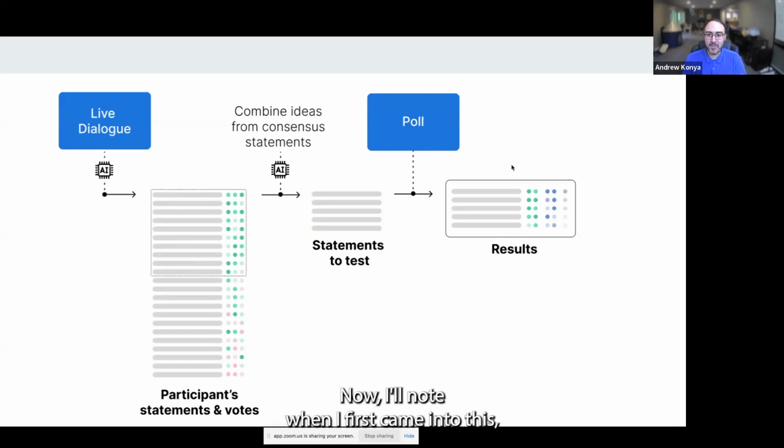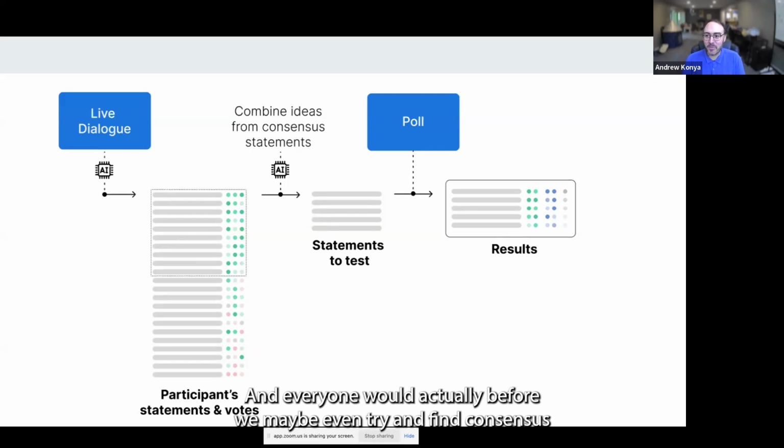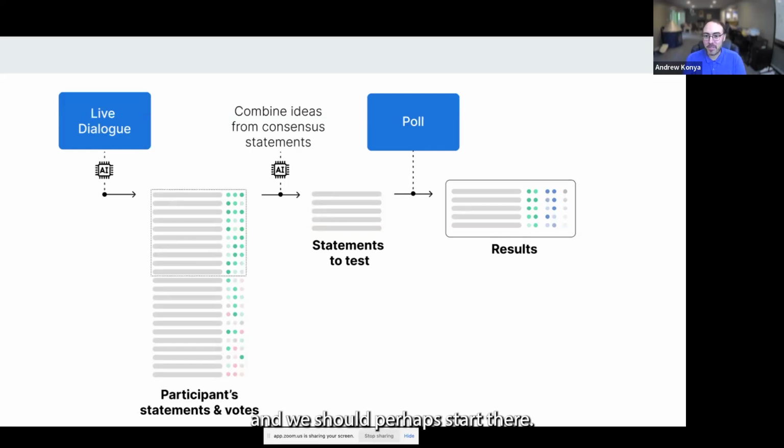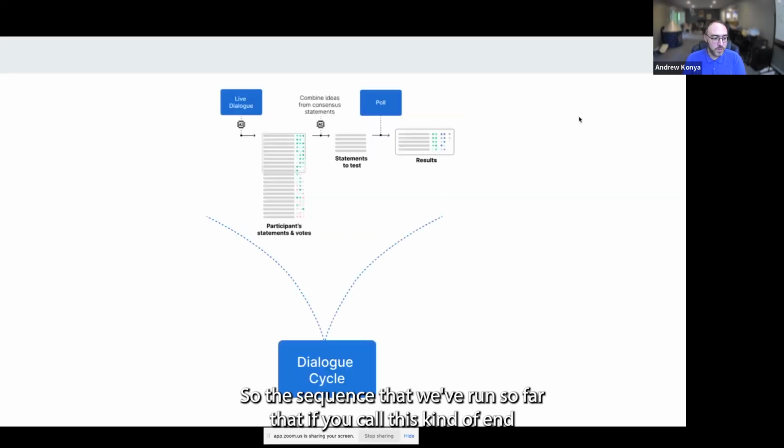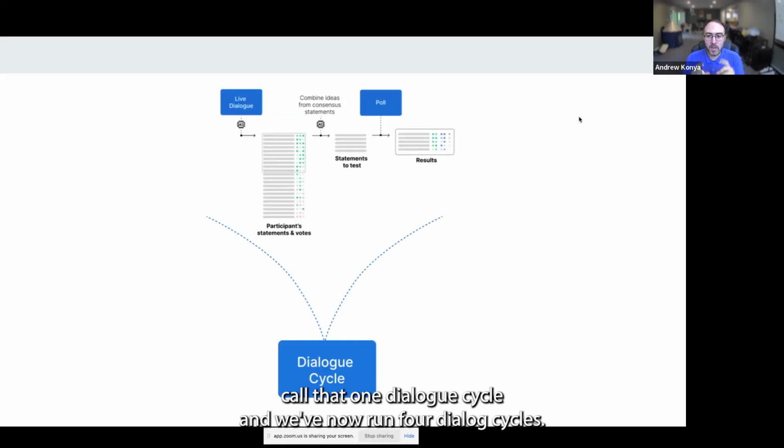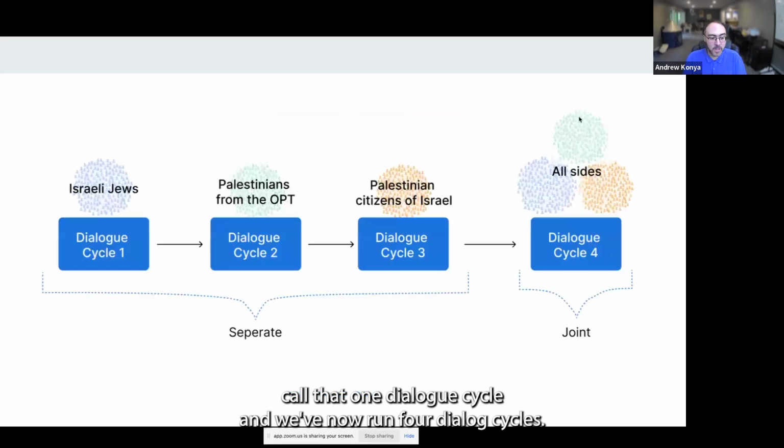When I first came into this, I said, great, let's just bring everyone from all sides into one big conversation. And everyone said, actually, before we even try to find consensus across all of the groups, there is some division even among individuals on the same side of this conflict, and we should perhaps start there. So we call this end-to-end process, from the live dialogue to finding consensus to testing those statements in a poll, one dialogue cycle, and we've now run 4.